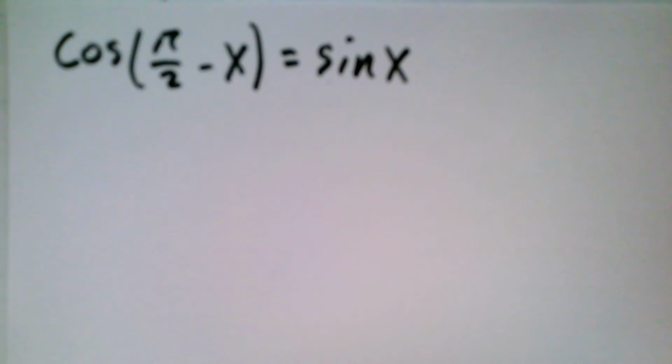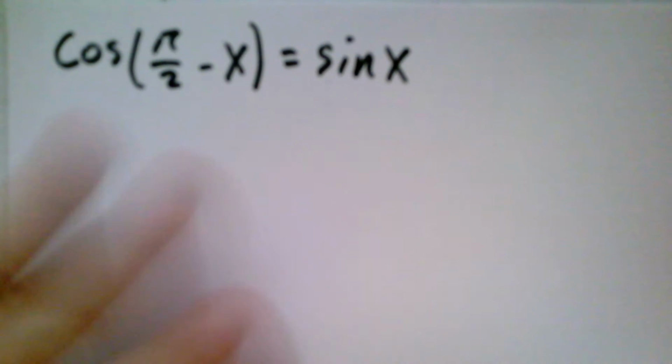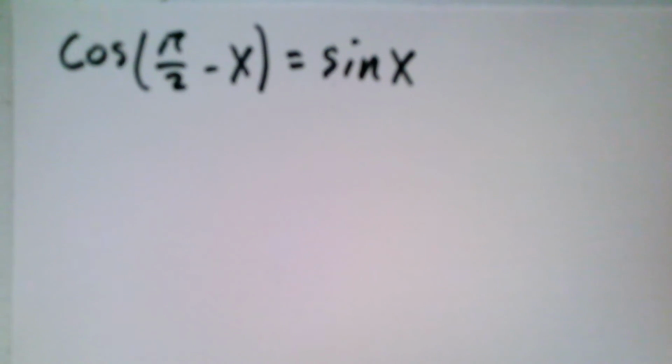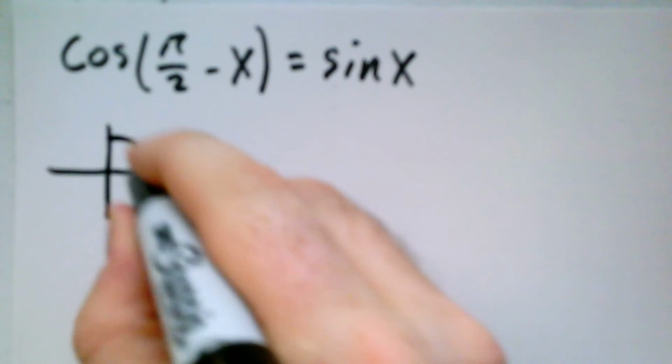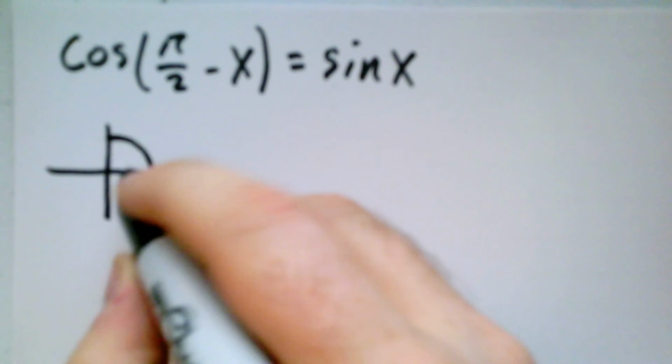Well, there are a few ways that we can. We could go graphically and say that cosine graph looks something like this. Sine graph looks something like this.